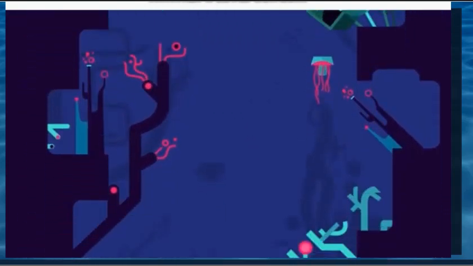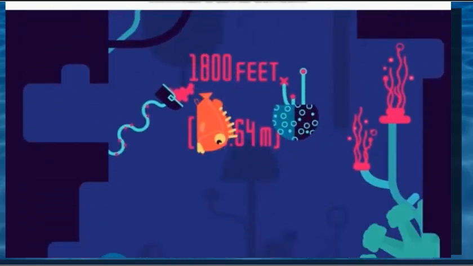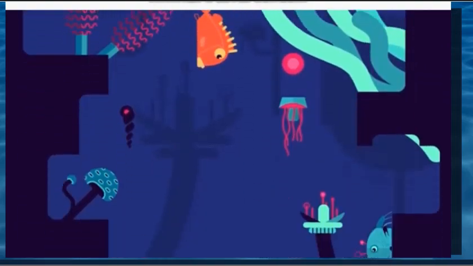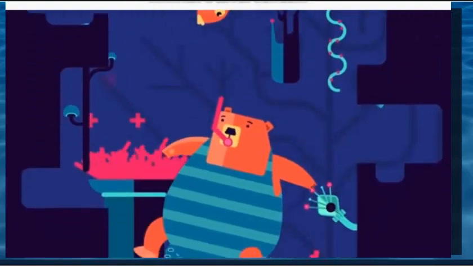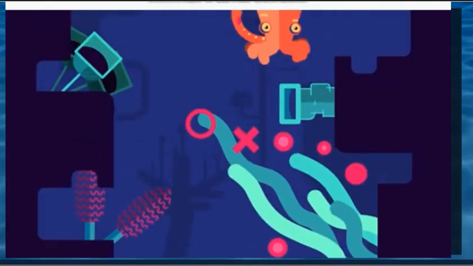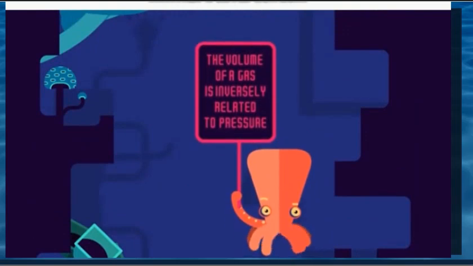So take the yellow eye rockfish, which can live as deep as 1,800 feet, where there's over 800 pounds of pressure on every square inch. That's equivalent to the weight of a polar bear balancing on a quarter. Now, Boyle's gas law states that the volume of a gas is inversely related to pressure.